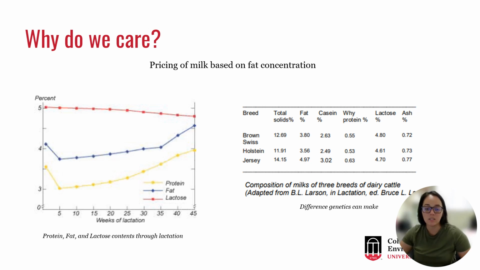Holsteins actually have one of the least amounts of milk fat. However, they're the ones that are most widely used, predominantly because of the amount of milk that they make. However, the pricing of milk is based off of fat concentration, and there's a lot of information out there right now, and a lot of desire to have increased butterfat content, which again you can get paid extra for.